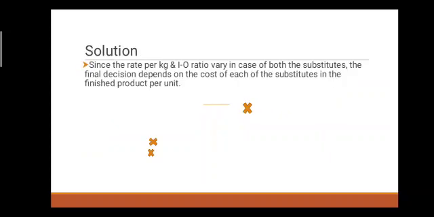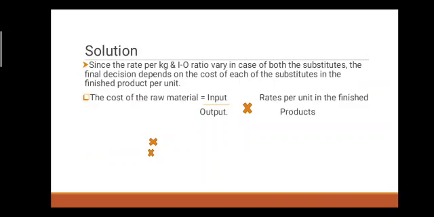Solution. Since the rate per kilogram and IO ratio vary in case of both the substitutes, the final decision depends on the cost of each of the substitutes in the finished products per unit. The cost of the raw material is equal to input divided by output into rate per unit in the finished products.